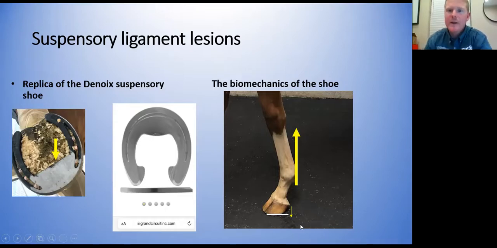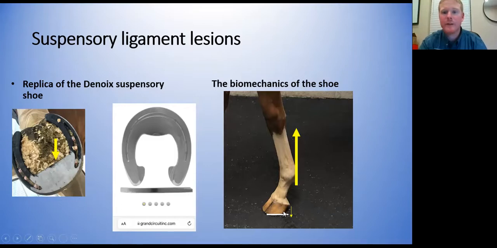The diagram there on the right shows the premise of why the shoe works. So in deep sand or in arenas, or if you have a deeply bedded stall, the shoe toe plate manipulates the toe to stand on top of the actual ground surface.